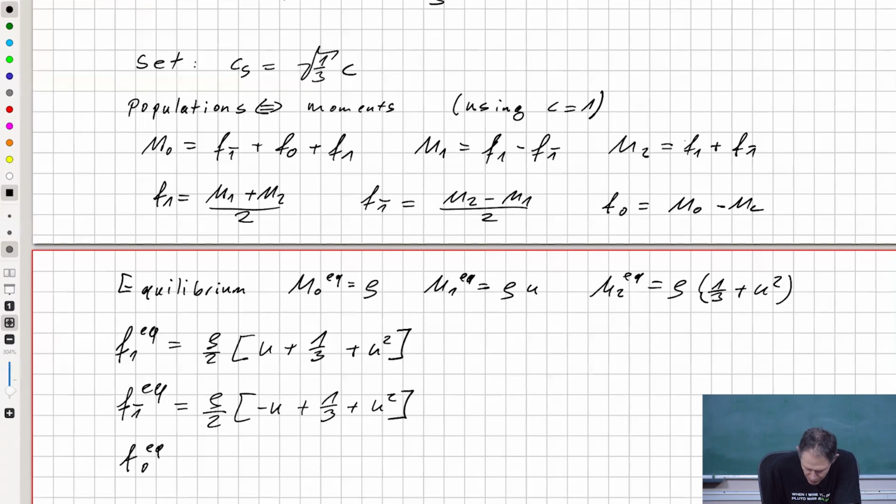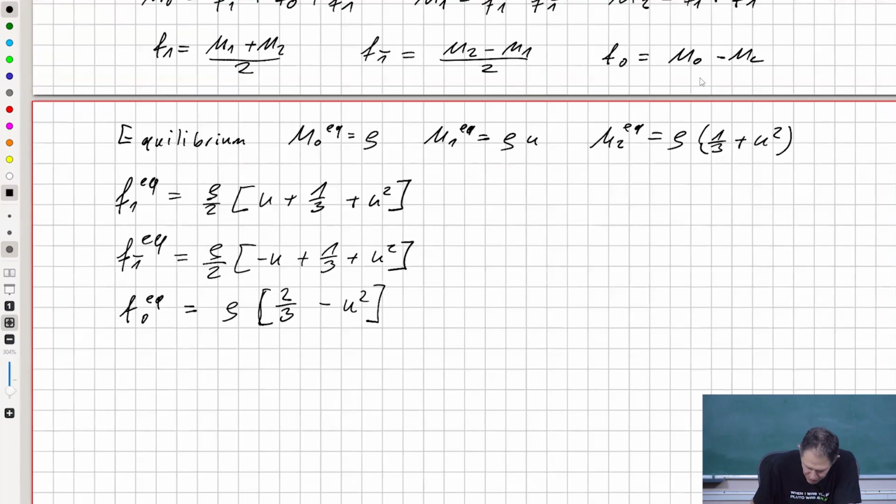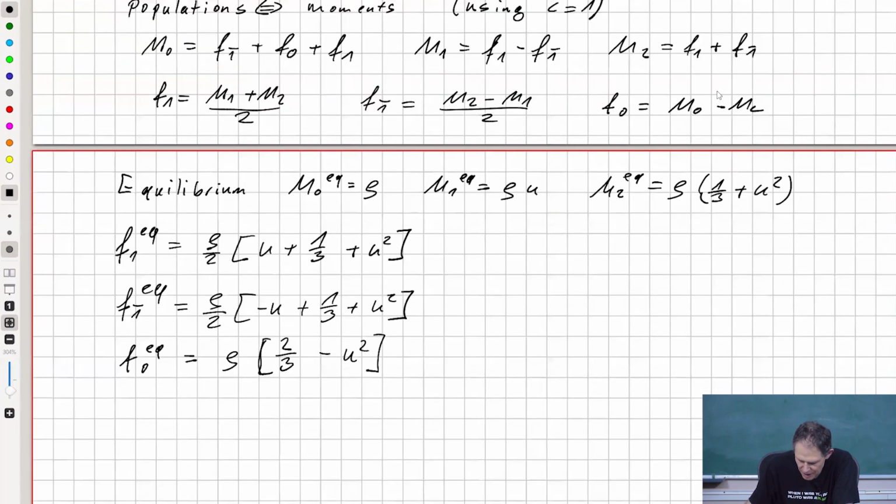And F0 equilibrium is rho times 2/3 minus u square. So now we have determined everything that we need for our lattice BGK equation.